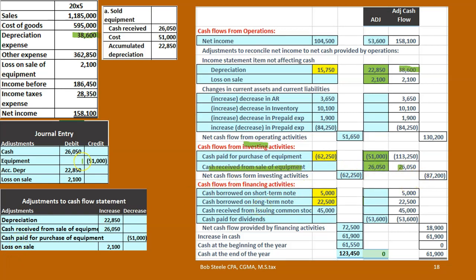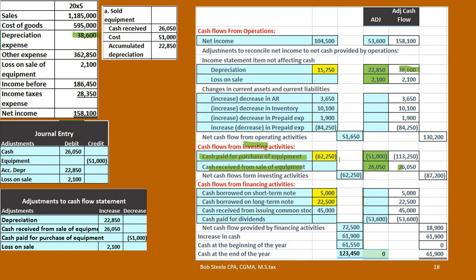Now this equipment, this credit to equipment, where did we put the change to equipment on our statement of cash flows? We put that into cash paid for the purchase of equipment. But part of that decrease had to do with this sale of equipment. So this 51,000 wasn't part of the cash paid to purchase equipment, and that's why this 51 is going to be part of this line item here.